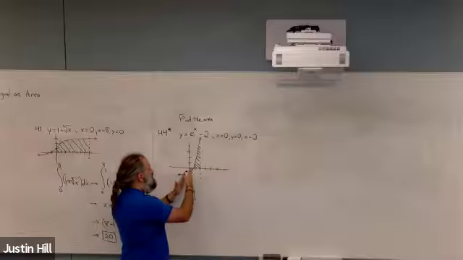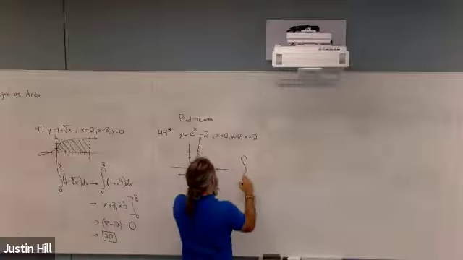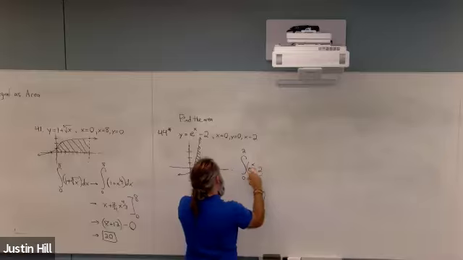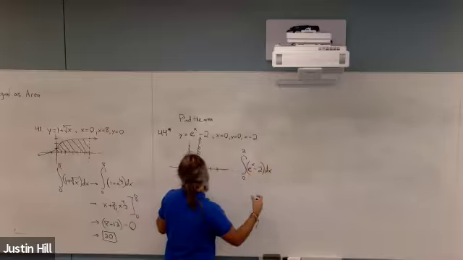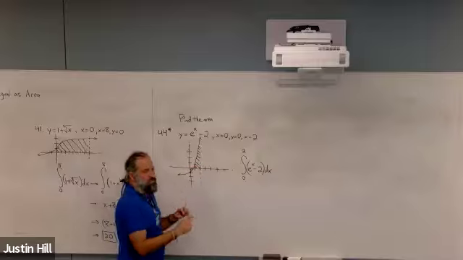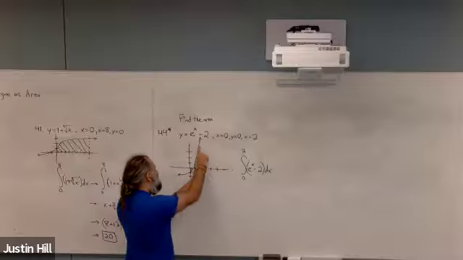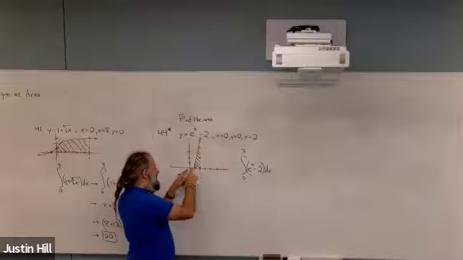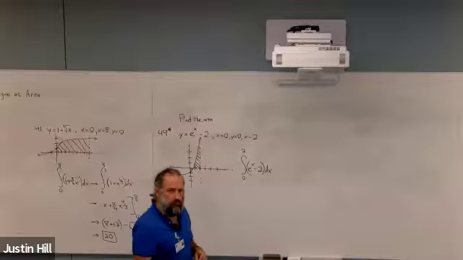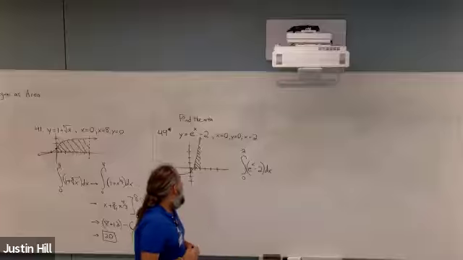So the problem is if we just do the integral from 0 to 2 of e to the x minus 2, it's going to add up all the negative areas here with all the positive areas here, and what you're going to get is not the actual area under the curve. You're going to get this positive area basically subtracting this area, because these are all going to be negative. So you're going to get something that's just not the area under the curve, right?